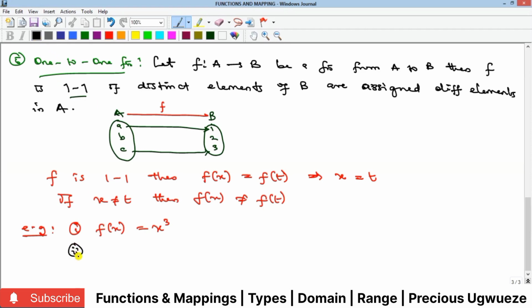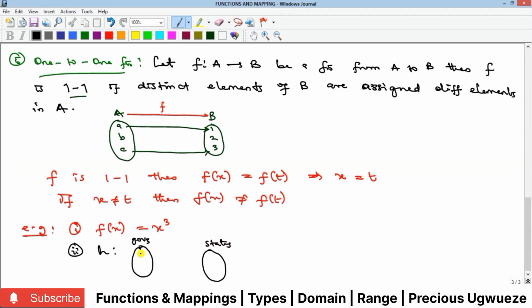A typical example we can see, I'm from Nigeria, and so I will give this example. If you have a function h here, taking or assigning a governor of a state to each state in Nigeria, that would be a one-to-one function. So for example, let me give a diagram. So let's assume that this is a set of governors in Nigeria, and then you have another set here, set of states in Nigeria.